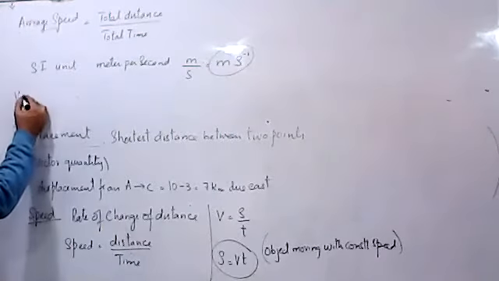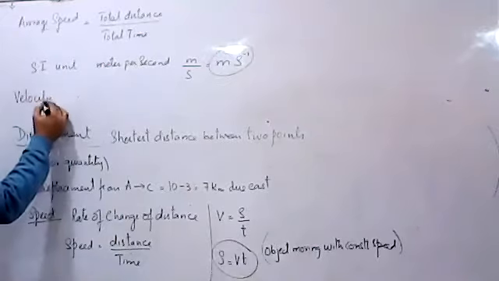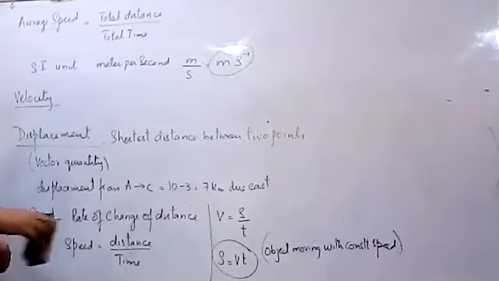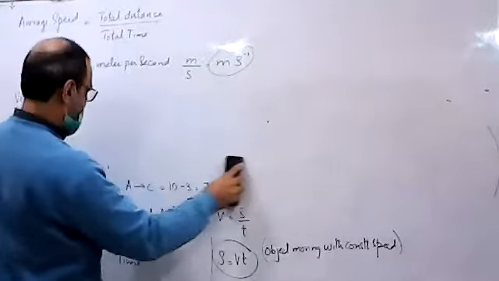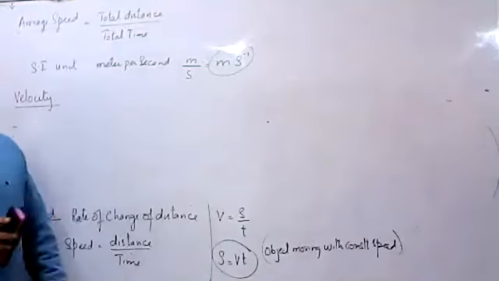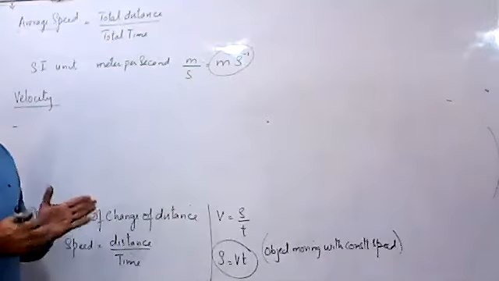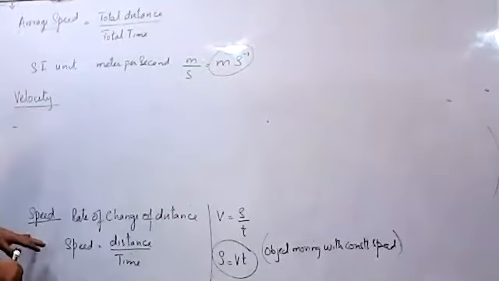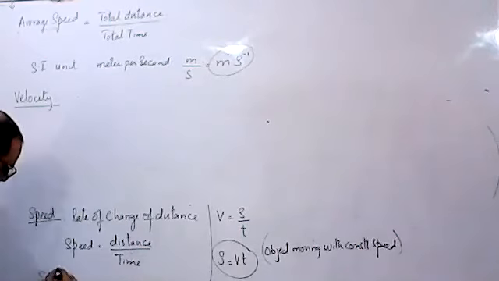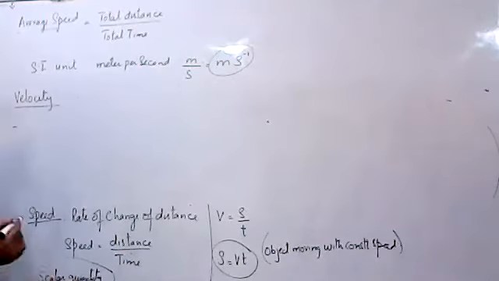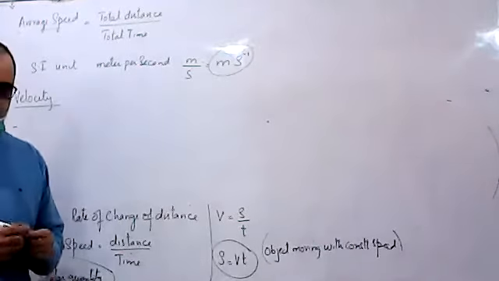Then comes the velocity. Velocity is defined as the speed in a particular direction. Speed is a scalar quantity, and scalar quantities do not have direction.